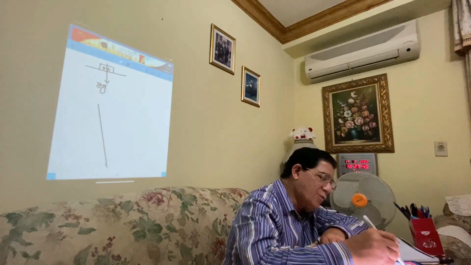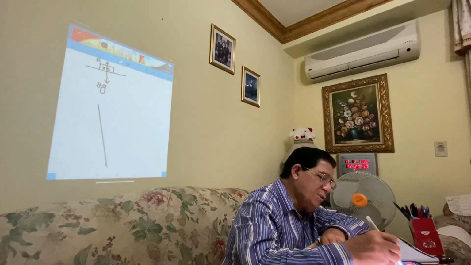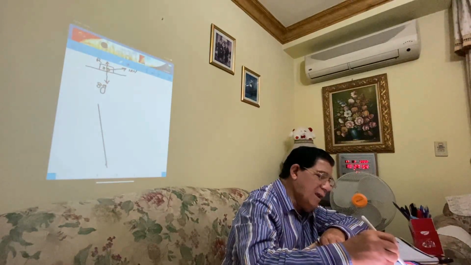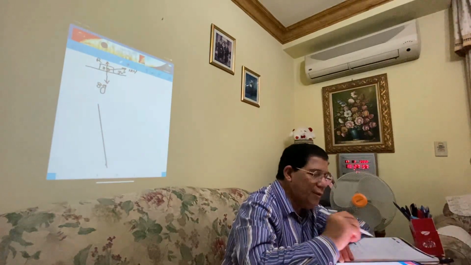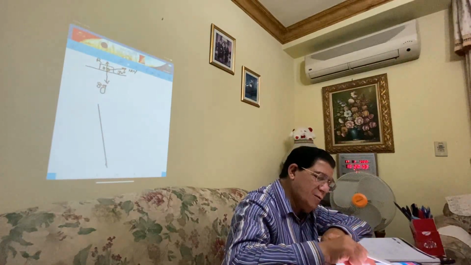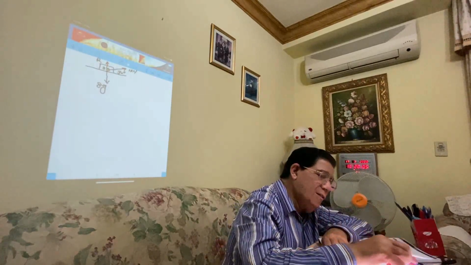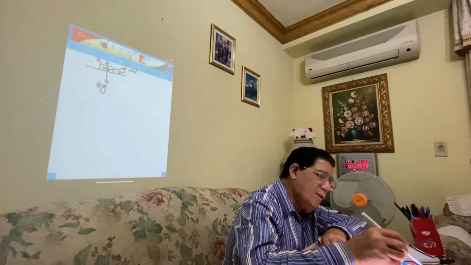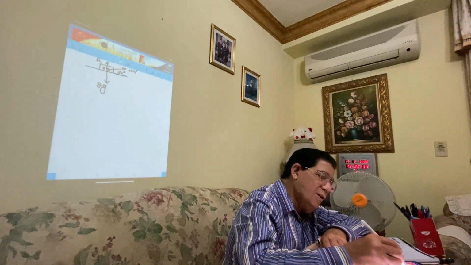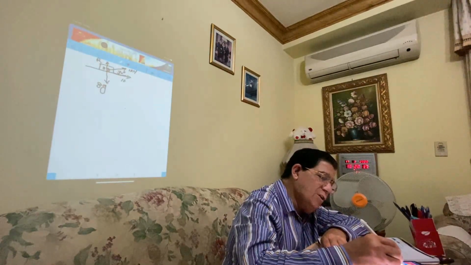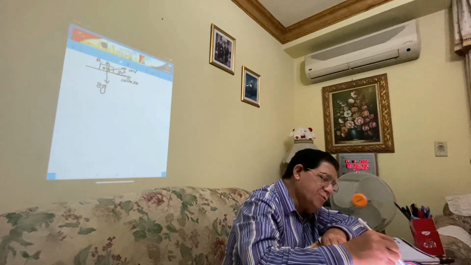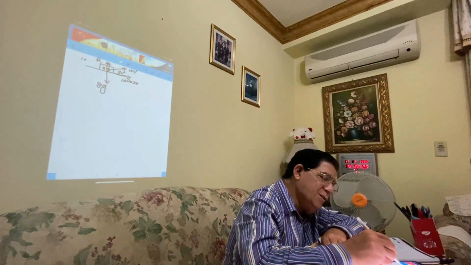Normal reaction R. Acted upon by a force of 10 Newton, making an angle 30 degrees. Right, now the force is resolved into a horizontal component 10 cosine 30 and a vertical component which is 10 sine 30.